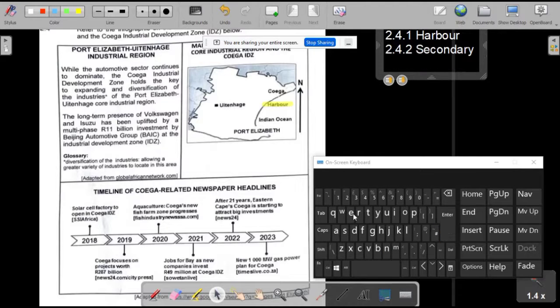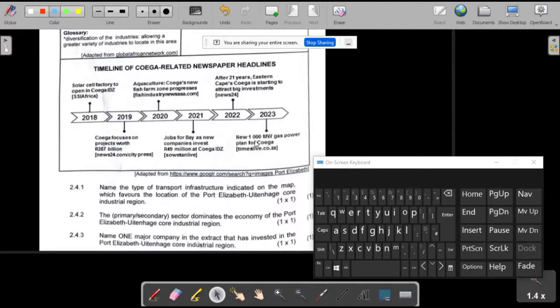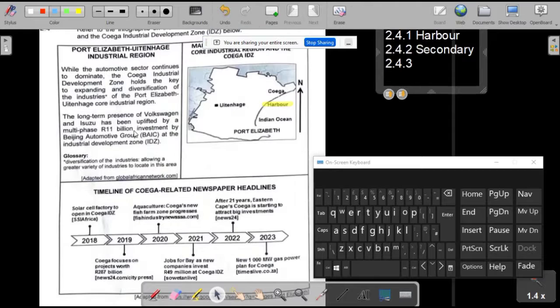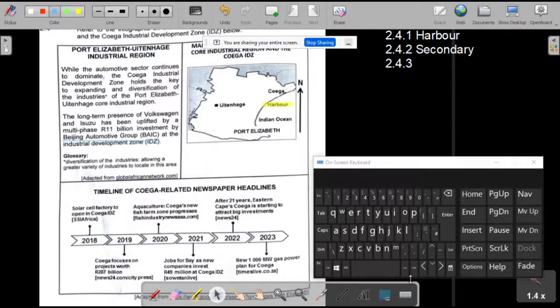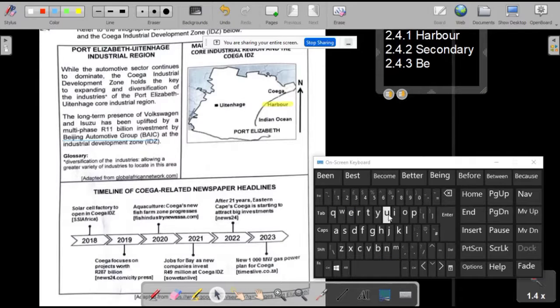Right, and then 2.4.3, name one major company in the extract that has invested in the Port Elizabeth Uitenhage core industrial region. Of course, guys, that has to be the Beijing Automotive Group. Okay, that's the Beijing Automotive Group. So that's what we're going to write down.